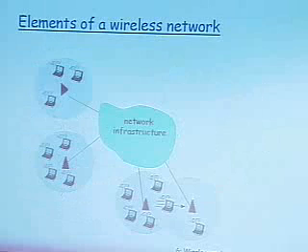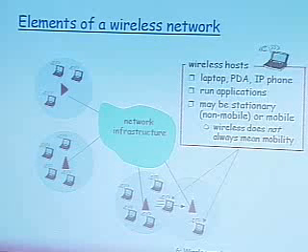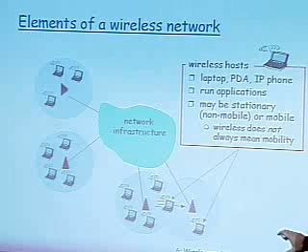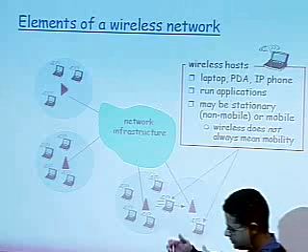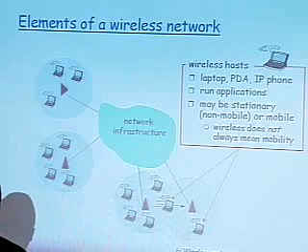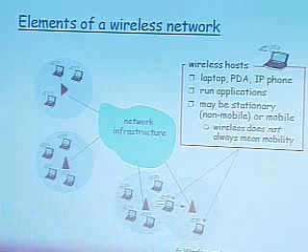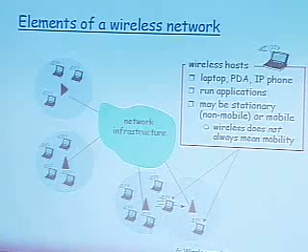Before looking at the different kinds of technologies, the elements of a wireless network are ones that, through experience, all of us are familiar with. You have smaller wireless networks, and all of us have probably used access points. Access points connect us to wireless networks, let's say 802.11 networks.